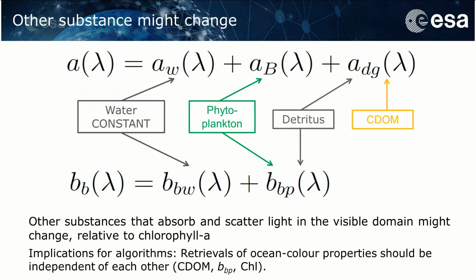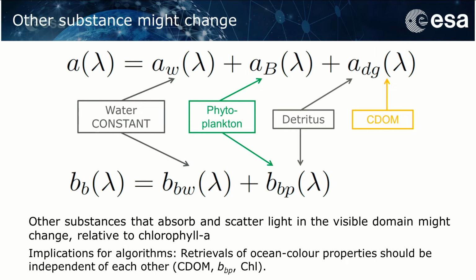Okay, other substances might change. I've made this point already, but this is just to hammer it home: the detrital component, for instance, the way bacteria might, in 100 years, how CDOM, how some of those carbon processes we talked about yesterday, how POC is converted into DOC through excretion, how that might change and impact our CDOM concentrations.